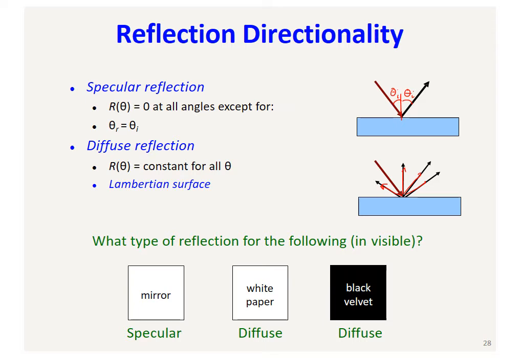If we have a situation where the reflectivity is a constant value at all angles, we have a surface that's known as a Lambertian surface.